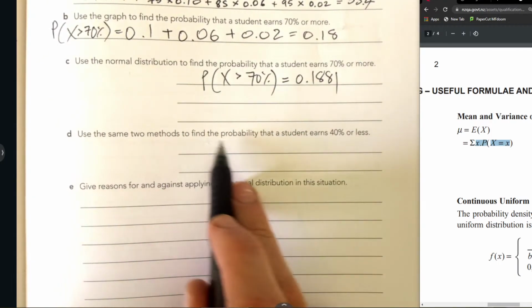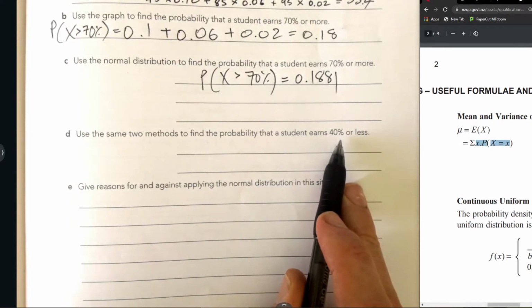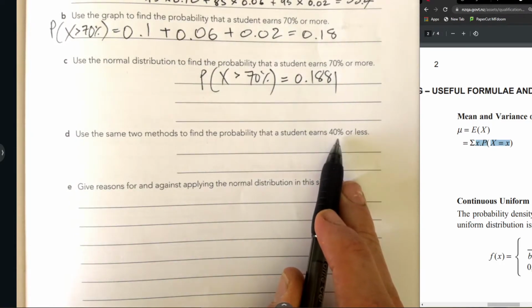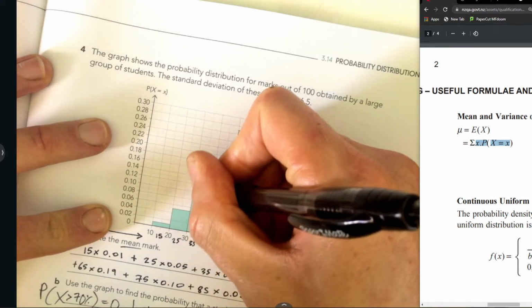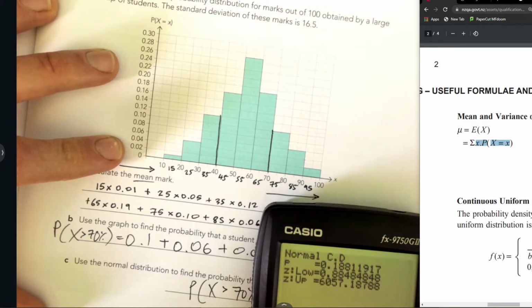Use the same two methods to find the probability that the student earns 40% or less. So that's this mark here, the first three probabilities.